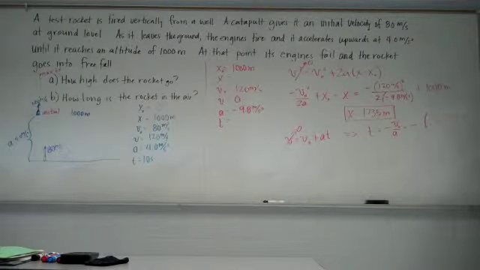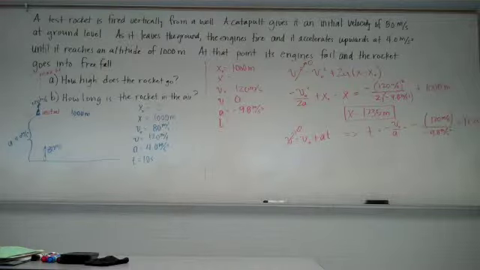V naught, initial velocity, was 120 meters per second. Our acceleration is negative 9.8 meters per second squared. That ends up being 12.2 seconds. So far, the rocket is in the air 10 seconds plus 12.2 seconds, so a total of 22.2 seconds.